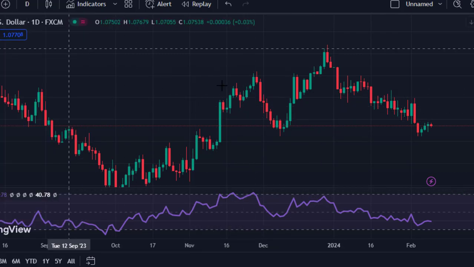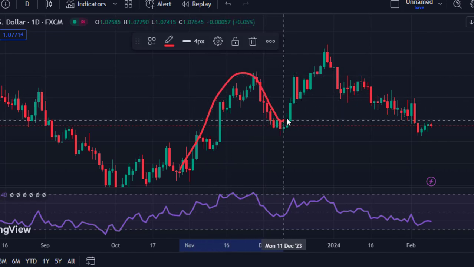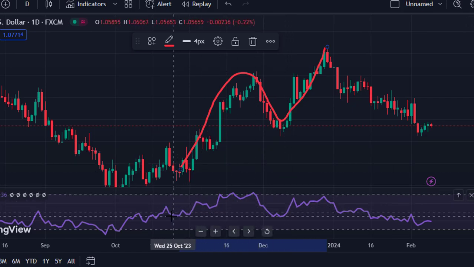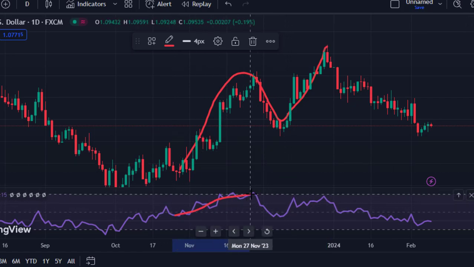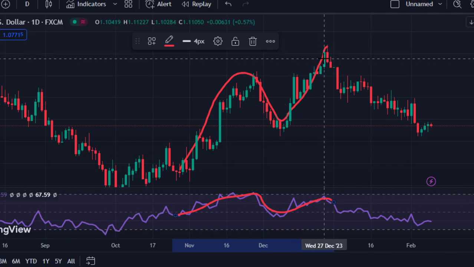Market moves upward from this very point, okay, and then we have a retracement, market moves up again. Now, on the indicator, you see the market move into the overbought condition and then come out of the overbought condition, but could not enter into the overbought condition again at this very point. But what we see on the price chart was a creation of a new high.